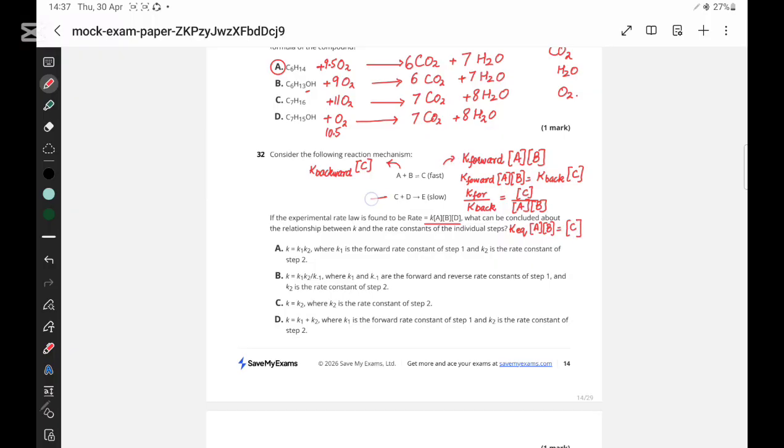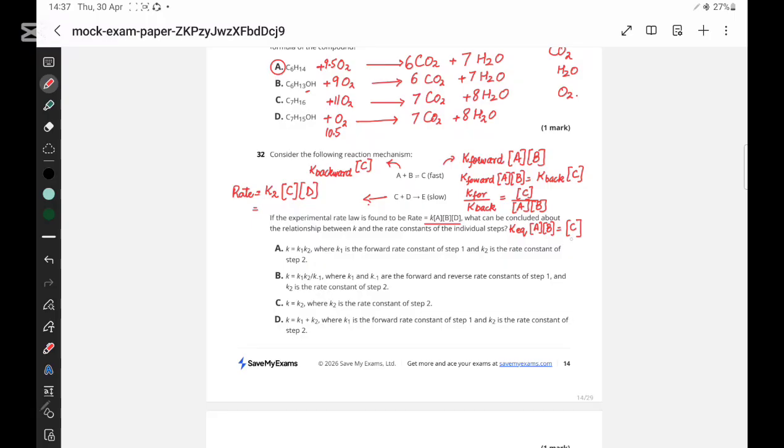Now let's move towards the slow reaction. For the slow reaction, we know rate is equal to, let's introduce another constant which is K2, times the product of reactants, because this is the rate equation and we only need to write the reactants there.